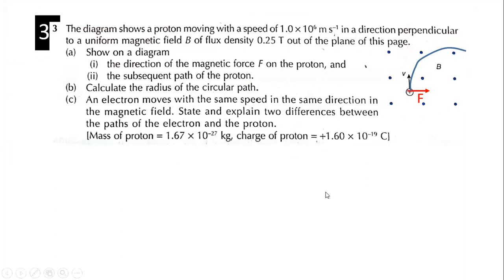Play means left hand rule. The field is coming out. There's your current or velocity of the positive charge of proton. So can you get your F? Using your Fleming's left hand rule, that's the direction of F. Yep, can or not?